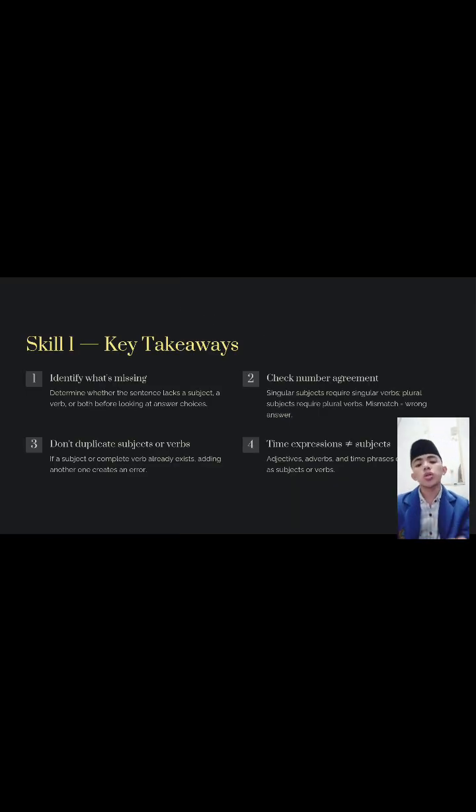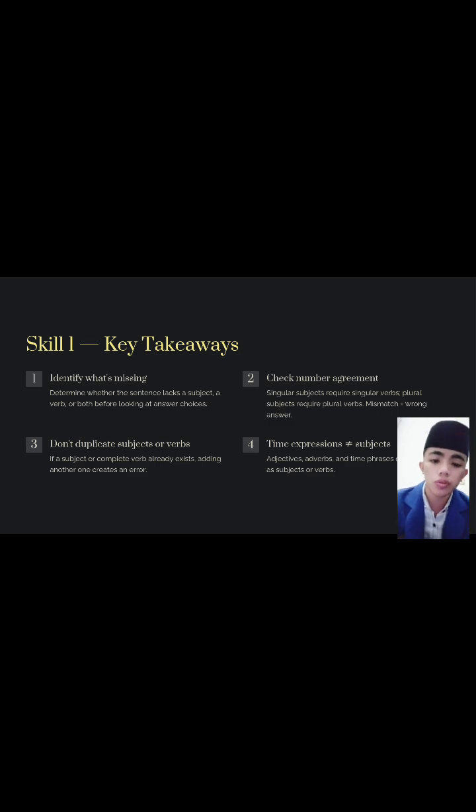So I'm going to explain the Skill 1 key takeaways. This is different from just now, but it still connects. Number 1, identify what's missing. Determine whether the sentence lacks a subject or a verb before looking at the answer choices. Number 2, check number agreement.